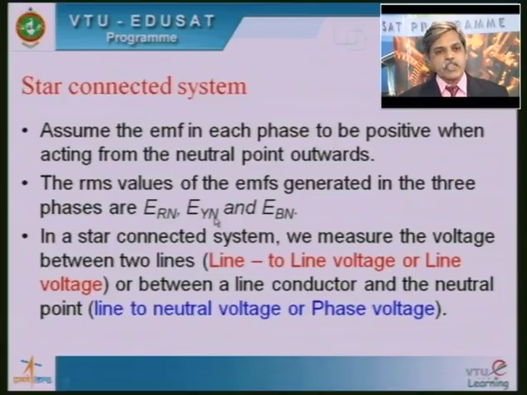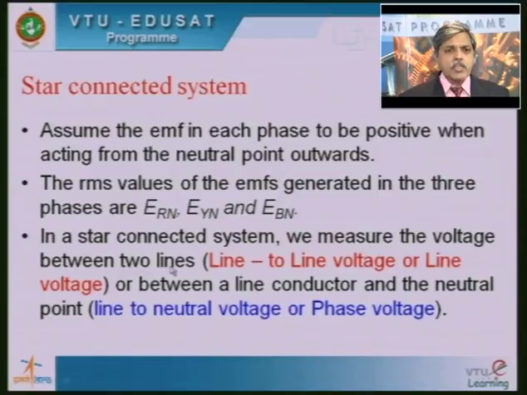Similarly, the second voltage acts from N to Y, therefore it is positive in that direction. In the same way, EBN is positive when it is acting from the neutral point N towards the point B. So, these are the three phase voltages in the case of a star connected system.